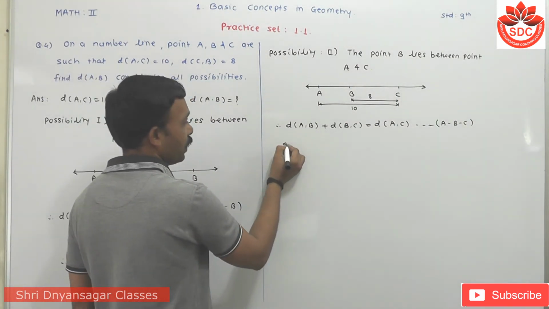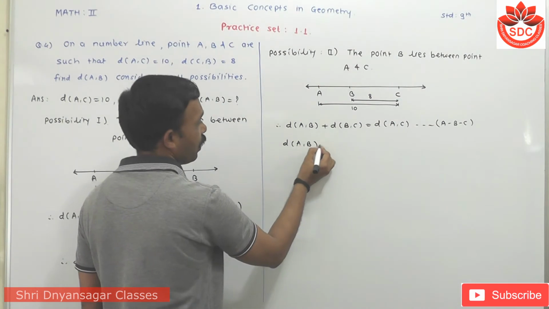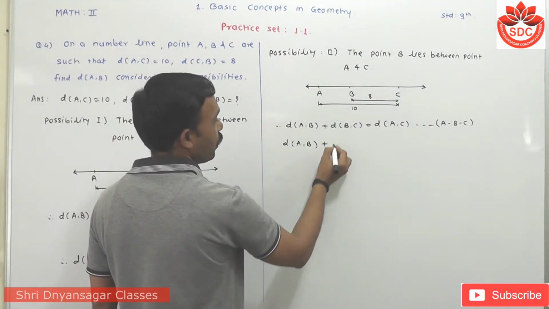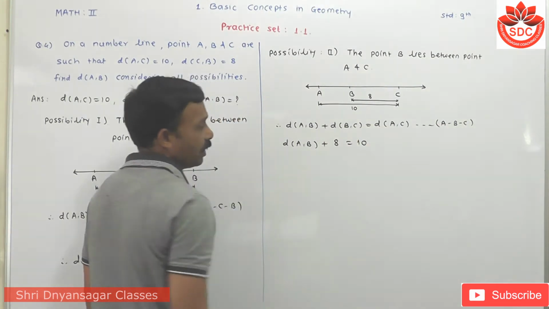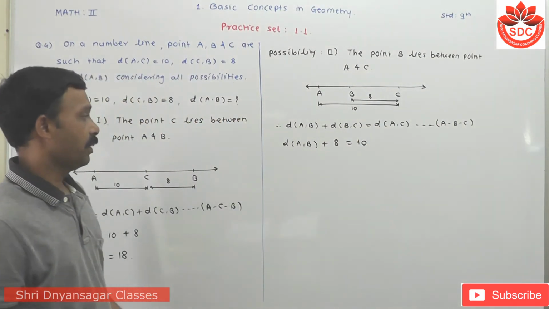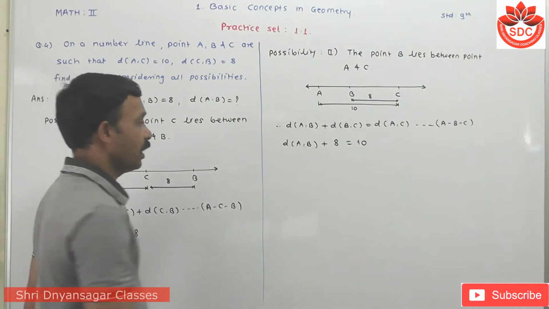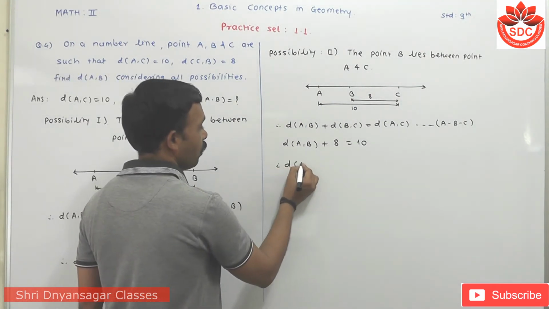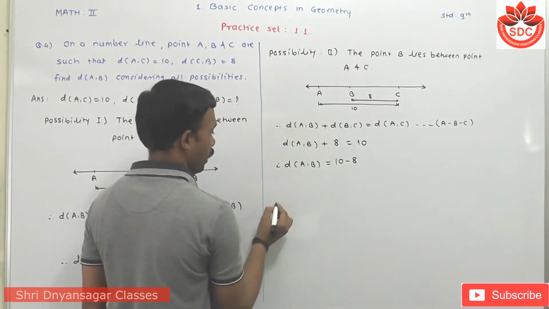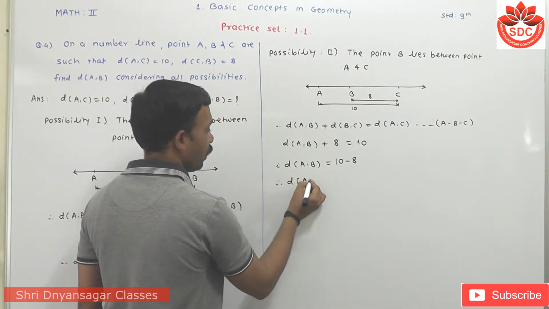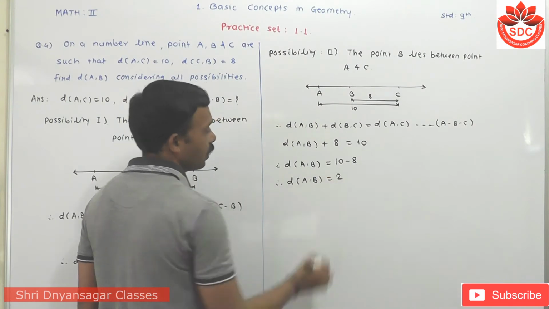We have to find distance of AB here plus distance of BC, 8, is equal to distance of AC, 10. Then this 8 transfers to the other side. Therefore, distance of AB is equal to 10 minus 8. Therefore, distance of AB is equal to how much?